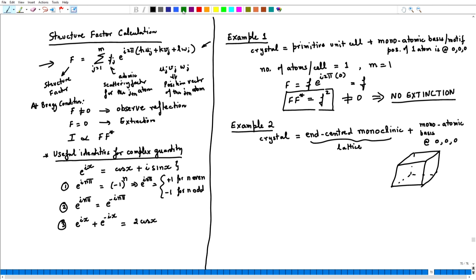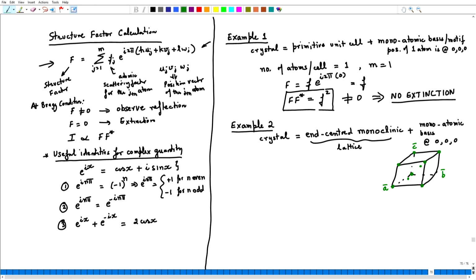So, I have the same kind of atom present at all the corners, and let us say I have two opposite faces, the A face. So, this is my A axis, B axis, C axis. So, the atom is present on the A face.